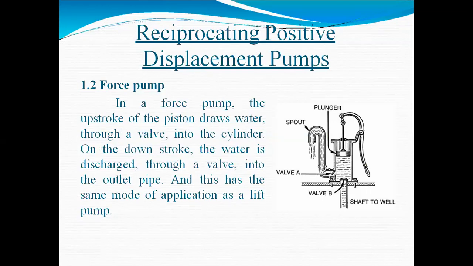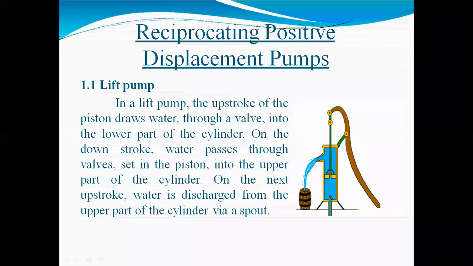So simply we are going to replace the water with a liquid or fluid or oil. So in this case, the operation is completed in both strokes, either upward or downward direction.